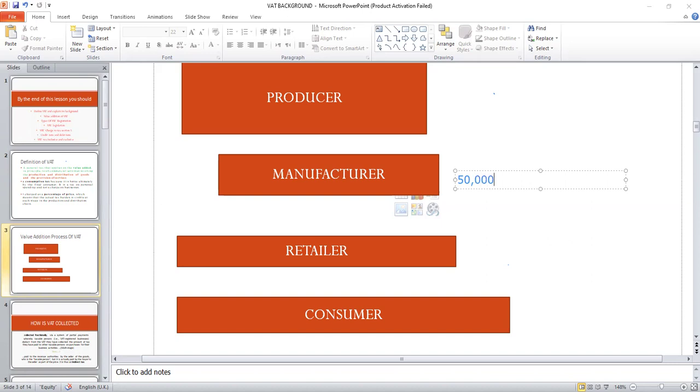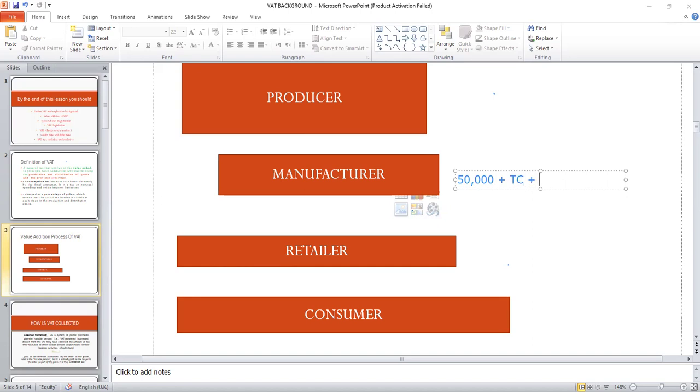If this manufacturer purchased goods worth 50,000 from the producer, it means the producer will sell the goods to the manufacturer inclusive of VAT, 50,000. Then once the manufacturer has paid 50,000, which is inclusive of VAT, the manufacturer will have to increase the transaction cost, TC, and also some profit.